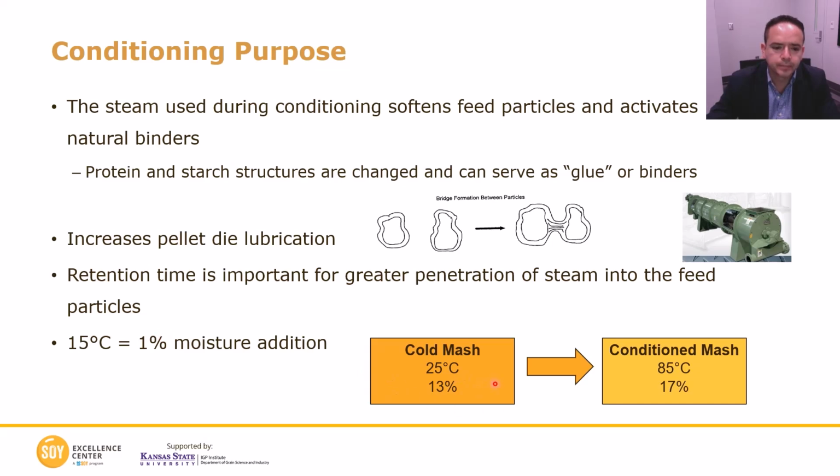For example, if you have cold mash leaving the mixer at 25 Celsius degrees and at 13% moisture, and you want to take this from 25 to 85, then you increase it 60 Celsius degrees. If you divide 60 by 15 Celsius degrees per percentage of moisture, you calculate that you added roughly 4% moisture in that feed.